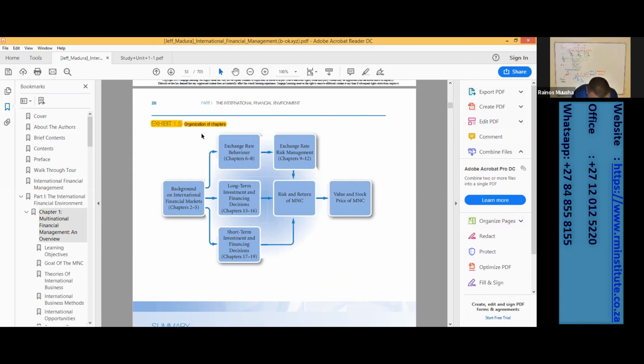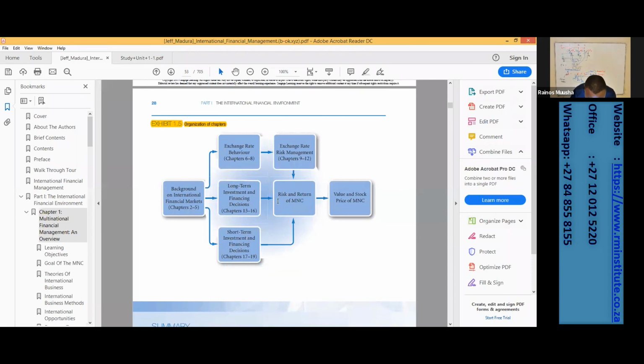And then chapters 6 to 8 are going to be looking at exchange rate behavior. And chapters 9 to 12 are also going to be looking at exchange rate risk management. Then chapters 13 to 16 of the textbook look at long-term investment and financing decisions. And this is where you're now going to be looking at your decisions on exactly managing your translation exposure or economic exposure. Then chapters 17 and 19 look at short-term investment and financing decisions.